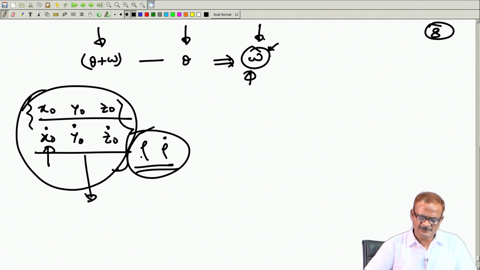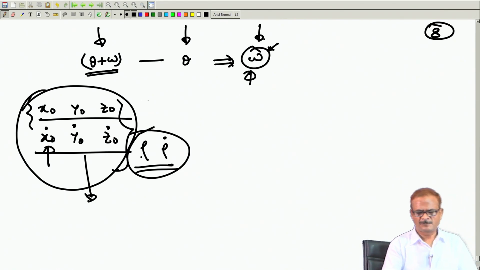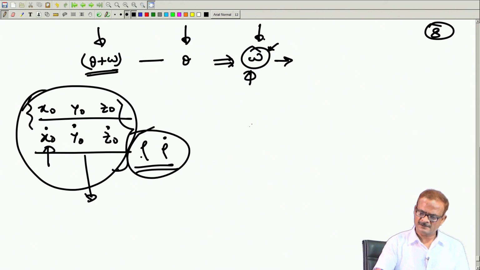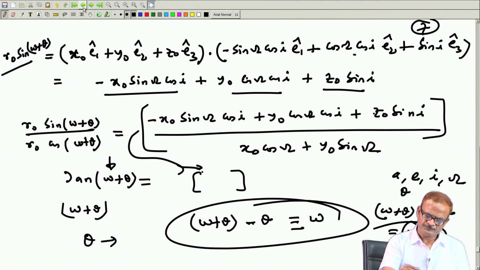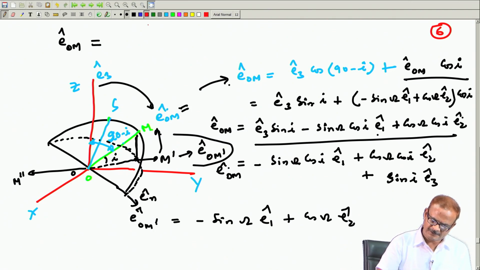Therefore, this method of determining theta plus omega and then determining omega is not very good. Whatever we have done earlier, we separately determined omega by taking the angle between this E n cap and the perigee direction, which I have not drawn here, but we can draw it.